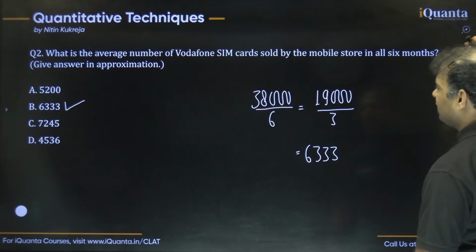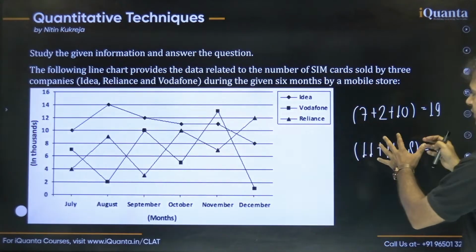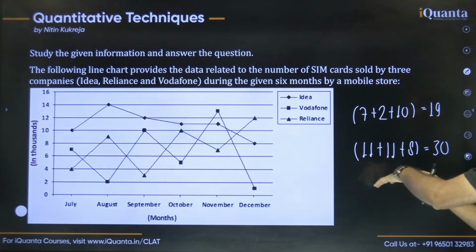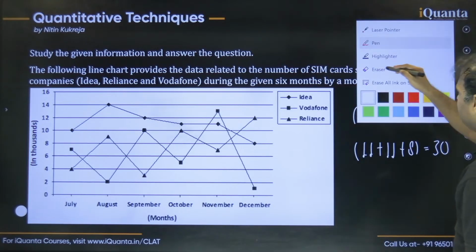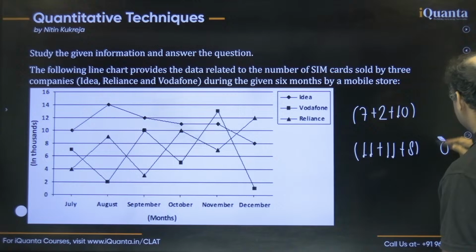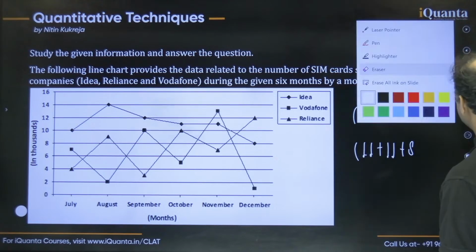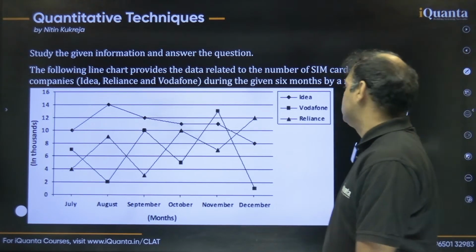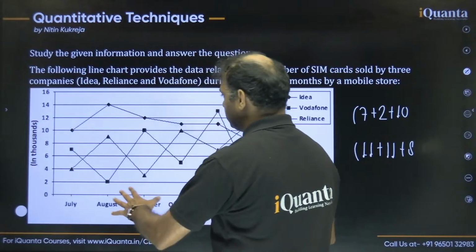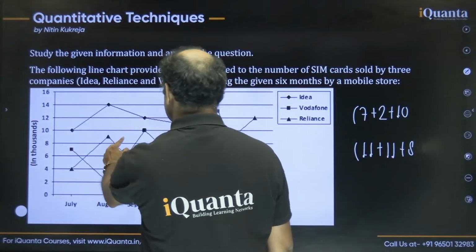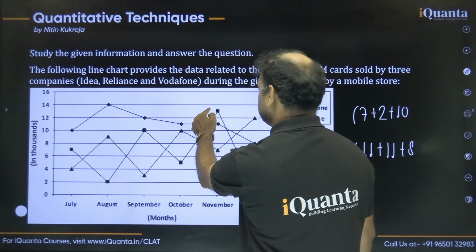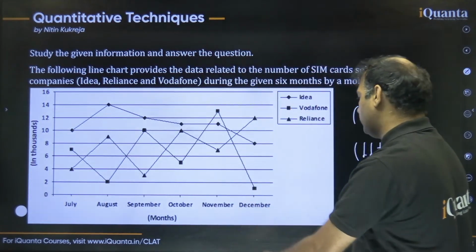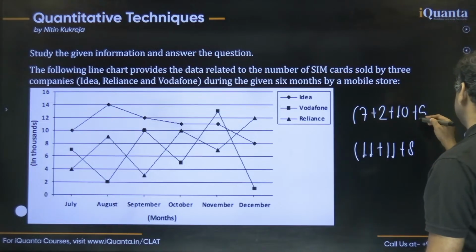Luckily we have already found the data of the first 3 months of Voda and the data of the last 3 months of Idea, so let's just add it here. Voda's first 3 months we already have: 7, 2, and 10. The next 3 months are 5, 13, and 1.